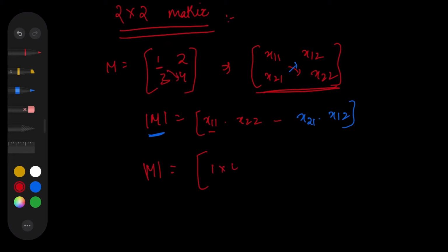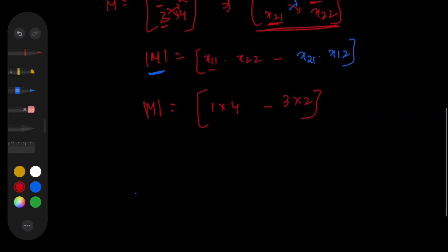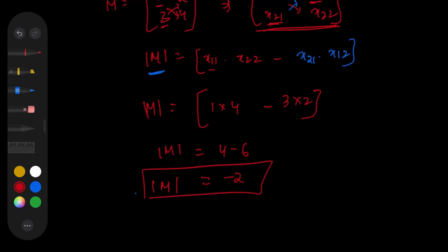So 1 into 4 minus, you have to subtract the product of the x21 element and the x12 element, that is 3 times 2, 3 into 2. So this will give you the resultant of the determinant, that is 4 minus 6, which is equal to minus 2. So the determinant of this matrix M is equal to minus 2.